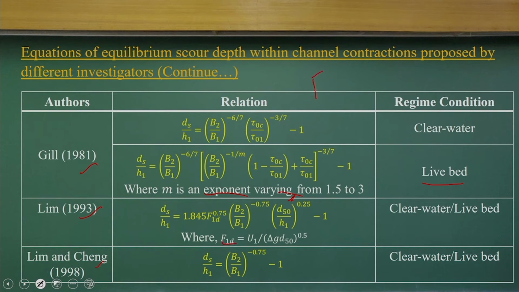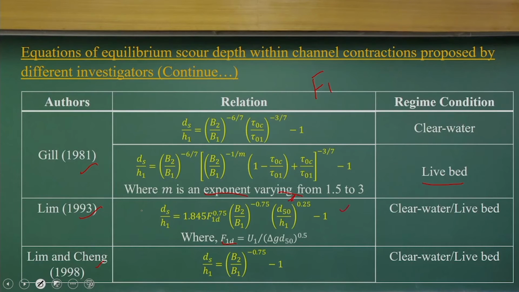It stands for not the Froude number. You should try to understand, it is not a Froude number because it is in terms of D50, not in terms of g. So, that is the way it is different from the upstream. It considers the particle size distributions.